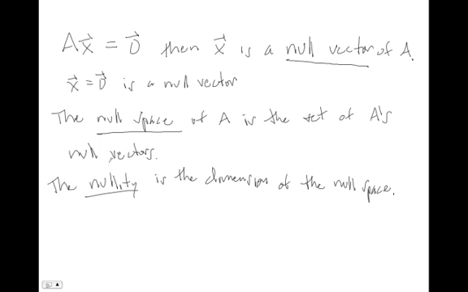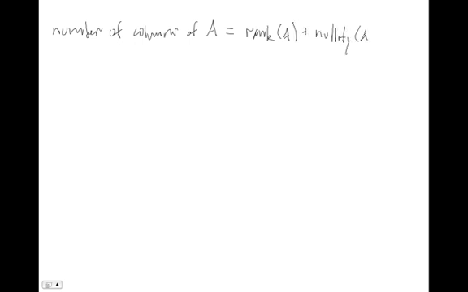So then we have this other definition that says that the number of columns of A is equal to the rank of A plus the nullity of A. So I take the rank, I take the nullity, they always add up to the total number of columns.